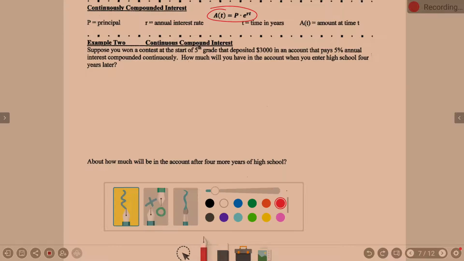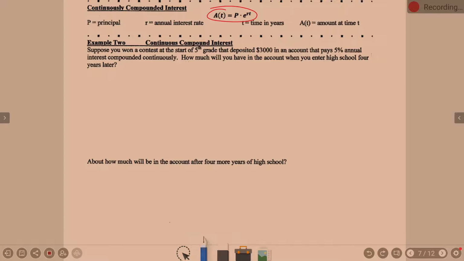When we talk about compound interest, specifically continuously compounded interest, there's a special formula, and it's A of t equals P times e to the rt. e being a button on your calculator. P is your principal. That's your money. R is your annual interest rate, which is your percent. And t, of course, is time.